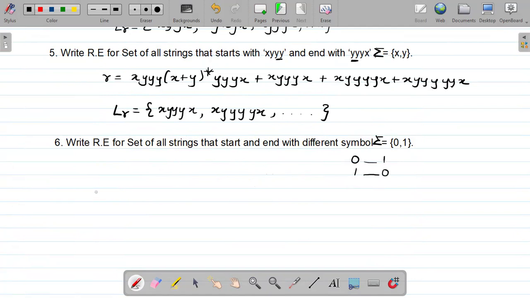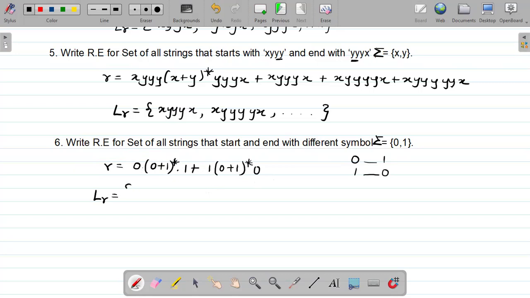The regular expression will consist of 0 dot, in between any combination given by (0 plus 1) the whole star, followed by 1, or we can have 1, any combination of zeros and 1 in between, followed by 0.